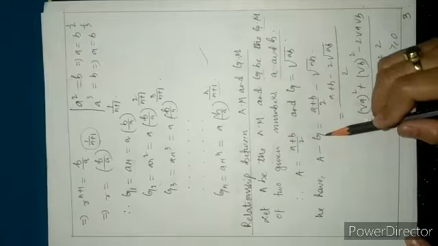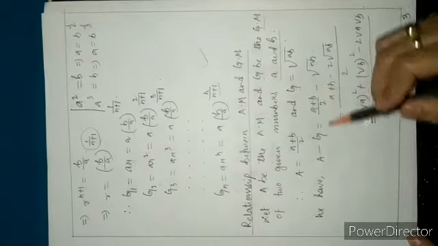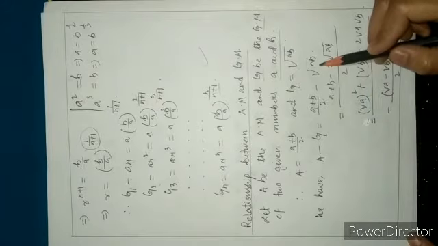And we have A minus Z, a plus b divided by 2 minus the geometric mean, equal to root over ab.